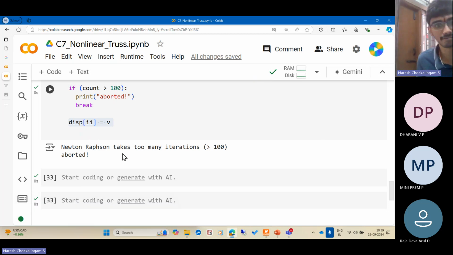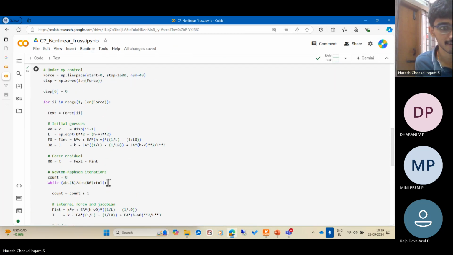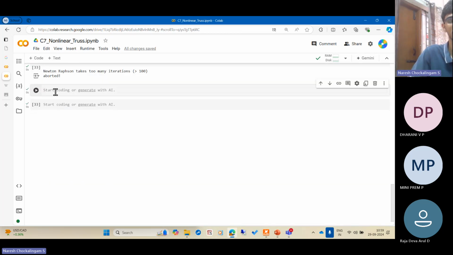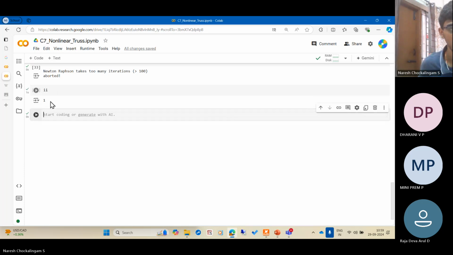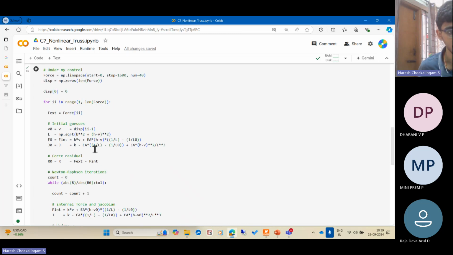Okay, Newton-Raphson did not converge. Let us see what is II, at which stage it did not converge. Okay, right at the first stage it did not converge, which means there is something wrong.